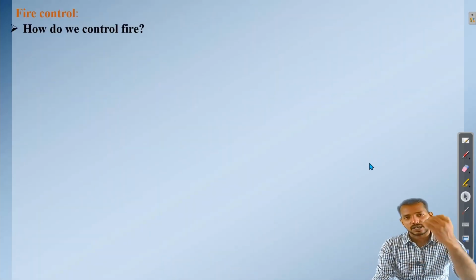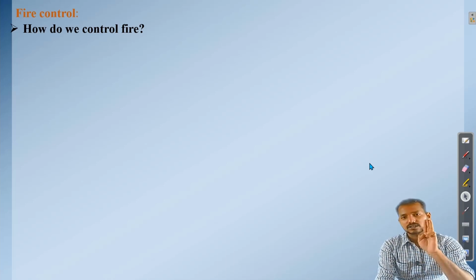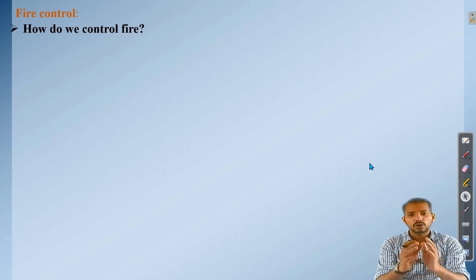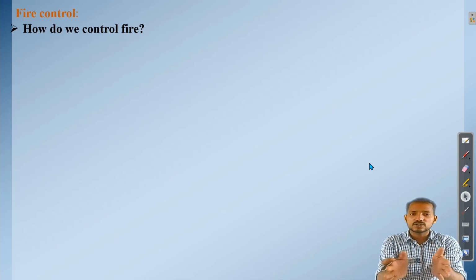In this section I am also going to discuss some questions and answers. How to control fire? We know that three conditions are required for combustion to take place. So the only possibility is that these three conditions should be eliminated. Then only we can stop or control the fire.